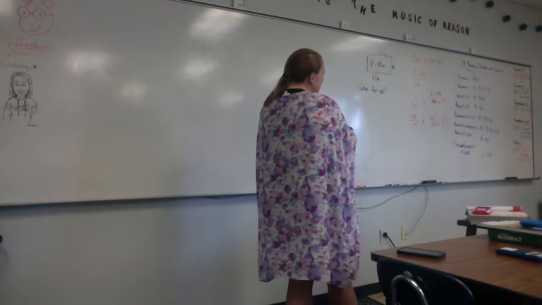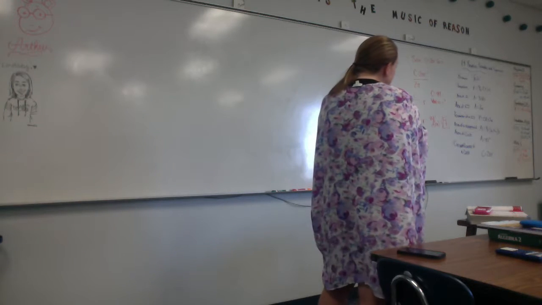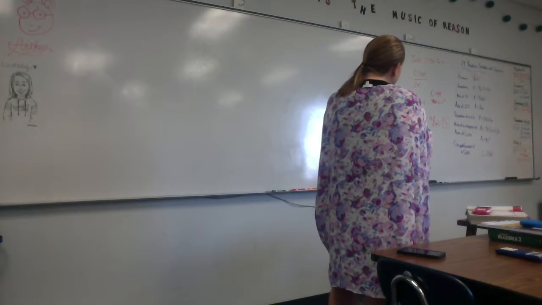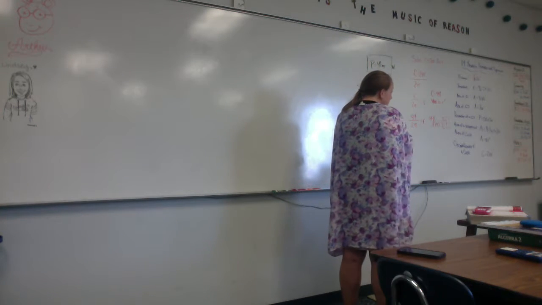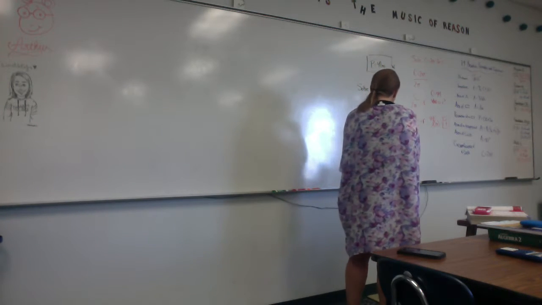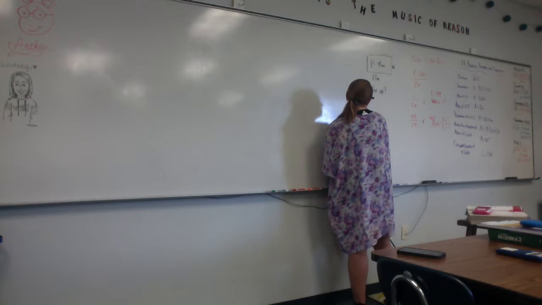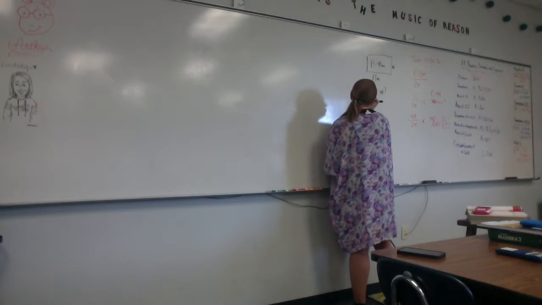What does P stand for on a rectangle? Perimeter. So perimeter means I did what to get my answer? I added all the sides. So I'm going to set up an equation that says 41 equals what?